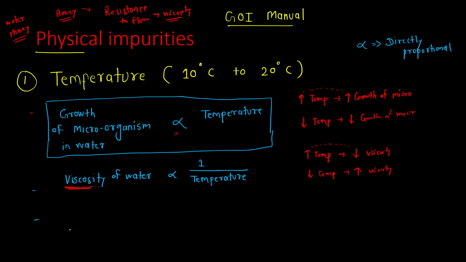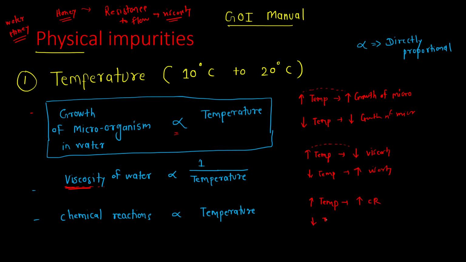Now the next one is chemical reactions. These chemical reactions are directly proportional to temperature. That means if the temperature is more, then the amount of chemical reactions will be higher. If the temperature increases, the chemical reactions will also increase.